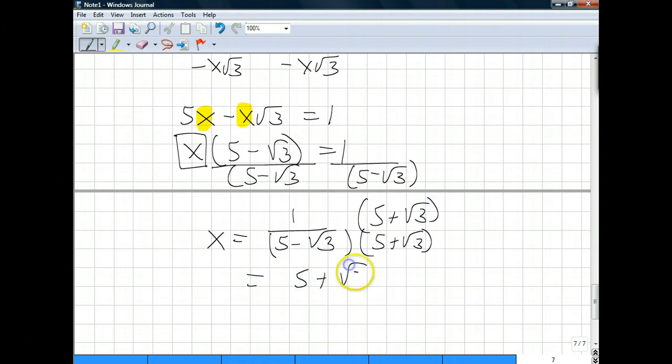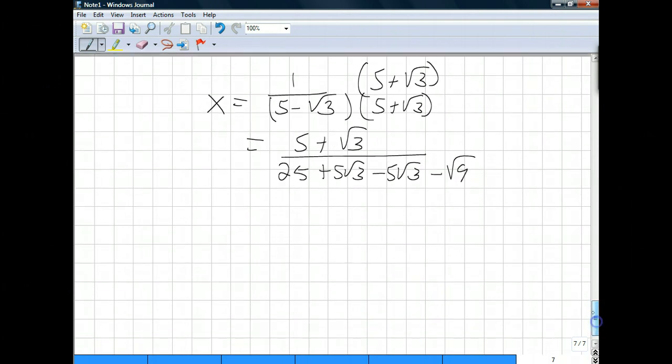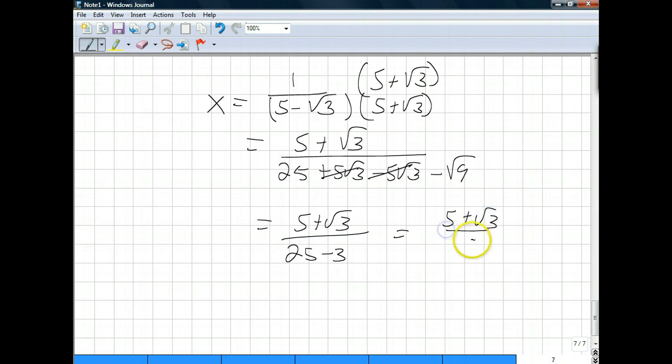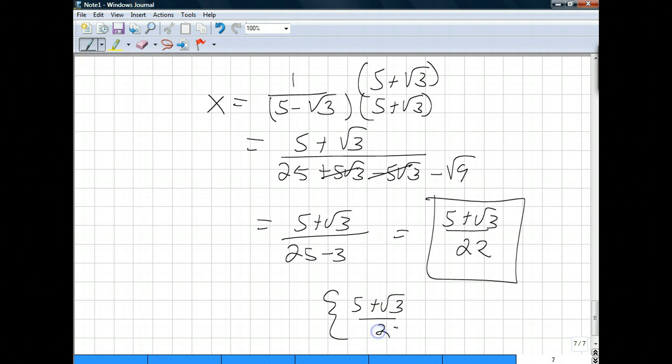So I get 5 plus square root 3 on top, and on bottom I get 5 times 5 plus 5 square root 3 minus 5 square root 3 minus the square root of 9. So I get 25, this adds up to 0, minus 3, and so I get 22 on the bottom. So this is my solution. And I don't need to check it, because remember I did not square both sides to get that solution. So that will be the answer.